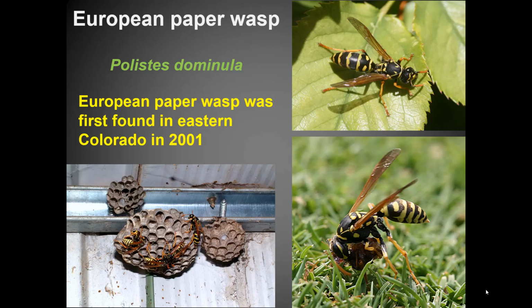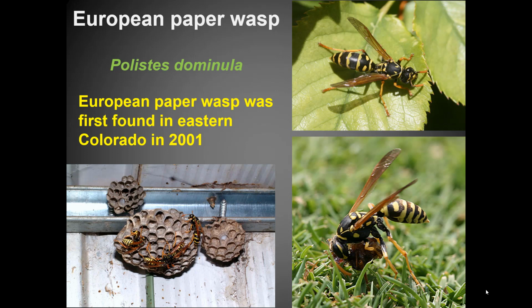Furthermore, some of those butterfly houses may be used by wasps, in particular paper wasps. And there is one paper wasp that is a game changer species in this state. European paper wasp was first found in eastern Colorado in 2001. It was first found in western Colorado a few years before that, in 1998.